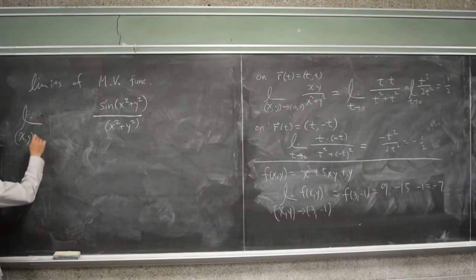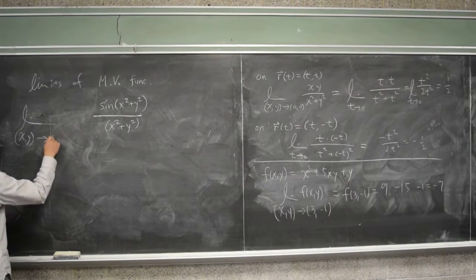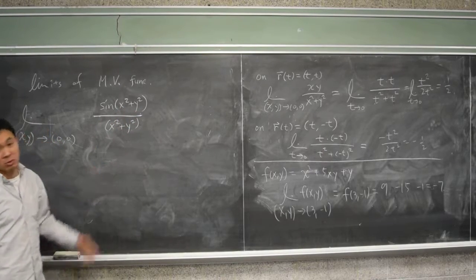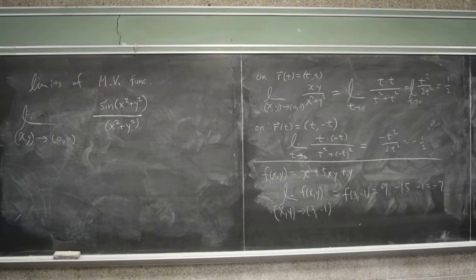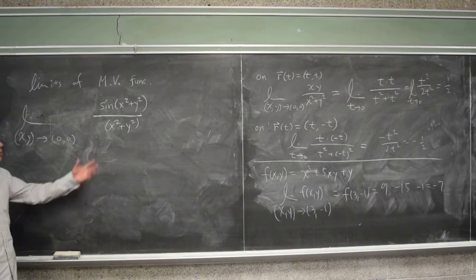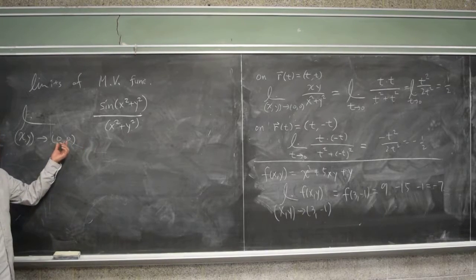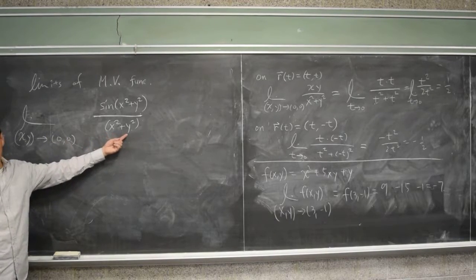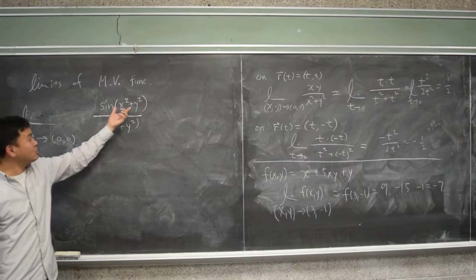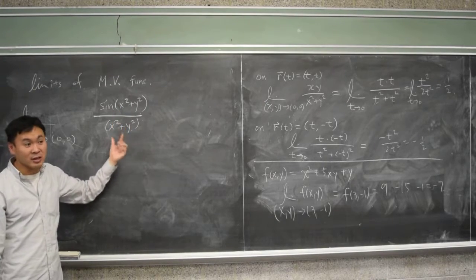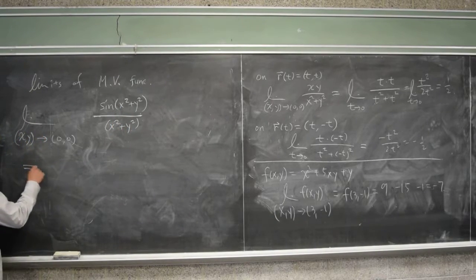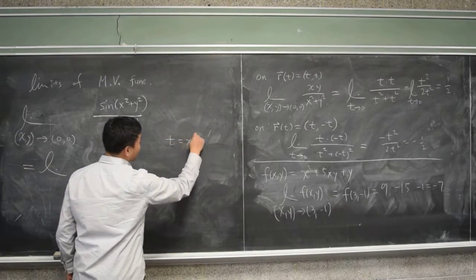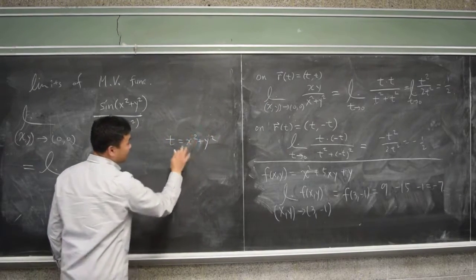So suppose I had the limit of (x,y) going to (0,0), and you have sine of x squared plus y squared over x squared plus y squared. In this case, I know that no matter what you do, when you take the path going to (0,0), x squared plus y squared will be going to 0. And because these are both the same thing, we can just replace this limit as, if I set t as x squared plus y squared, so this is like a change of variable.